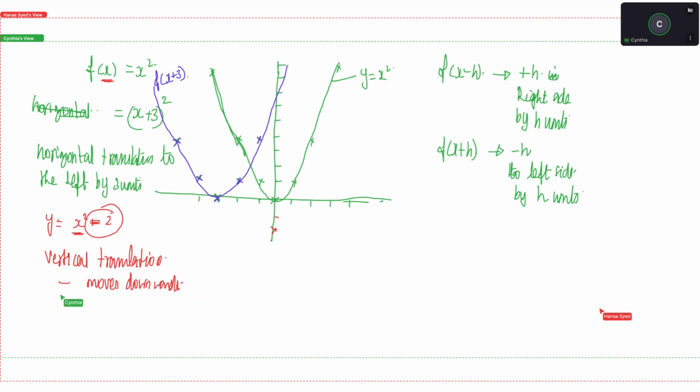So each and every point in y equal to x square will move down by 2 units. So 0, 0 will move by 2 units, and here this will move by 2 units. This is 4.